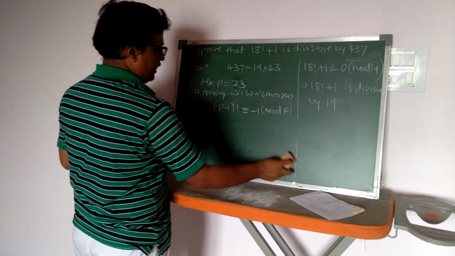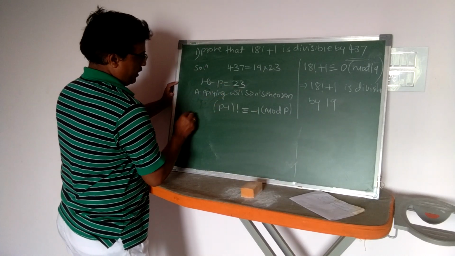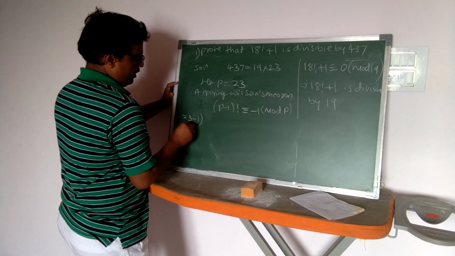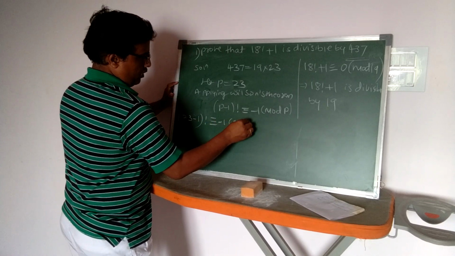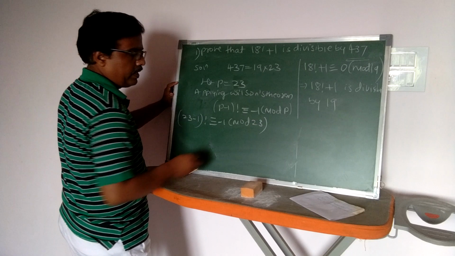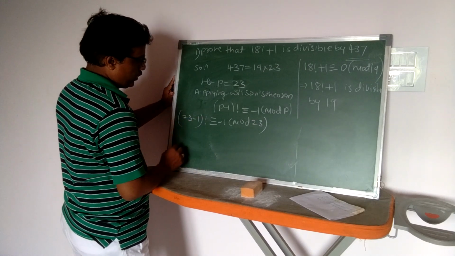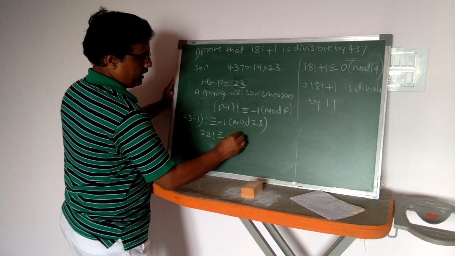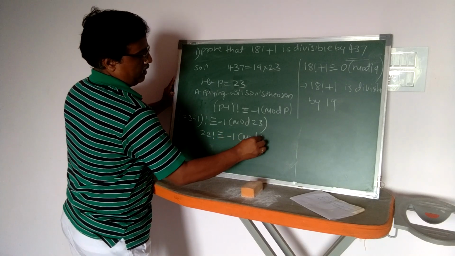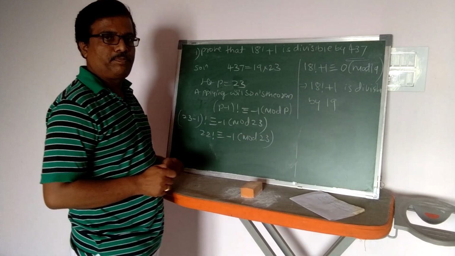So now what we get? (23 minus 1) factorial is congruent to minus 1 mod 23, or 23 minus 1 is 22, 22 factorial is congruent to minus 1 mod 23.